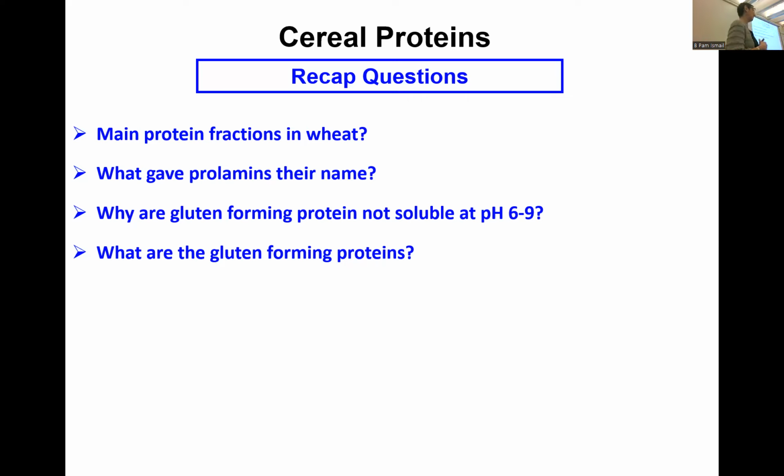So acidic and basic. They're very low in acidic and basic amino acids. Okay. What are the gluten forming proteins? Glutenin and gliadin. Glutenins and gliadins. Any questions before moving on?